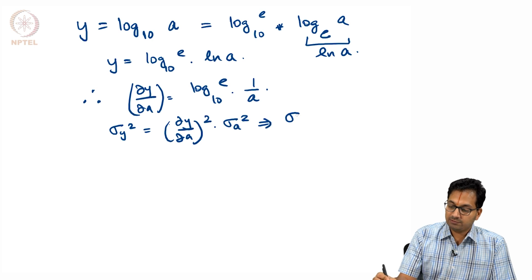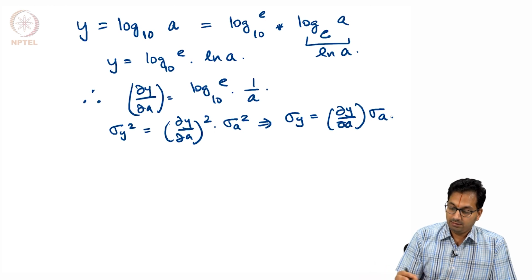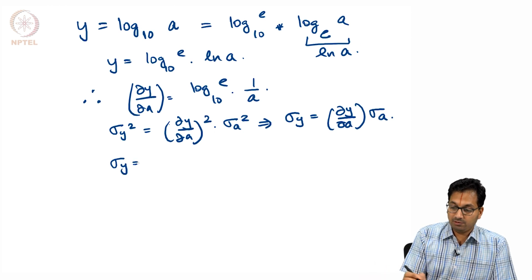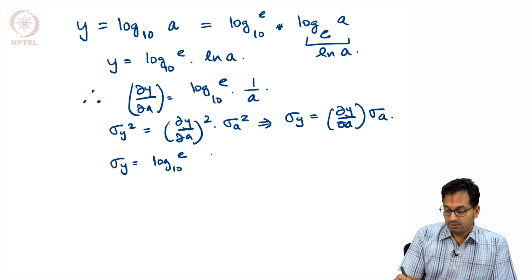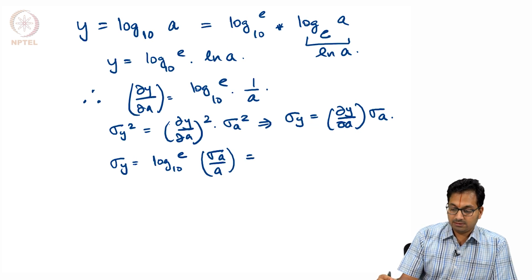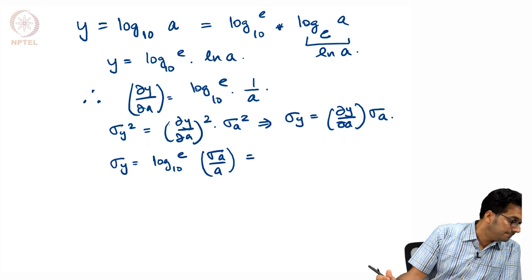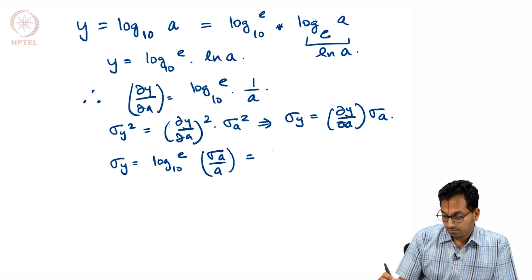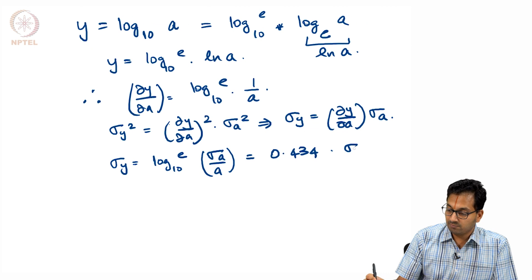Since there is only one variable, you can rewrite it as sigma y is equal to dou y by dou a times sigma a. Therefore, sigma y is going to be given by log e to the base 10 times sigma a by a. Log e to the base 10 incidentally happens to be 0.434, so sigma y is 0.434 times sigma a by a.